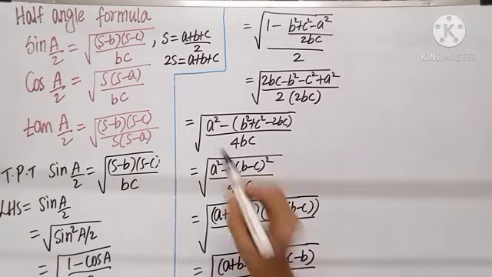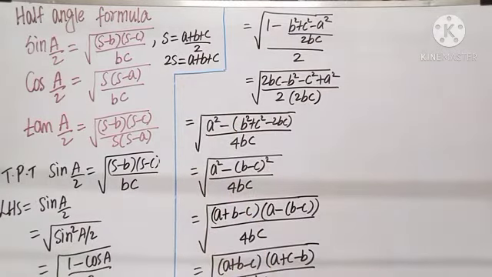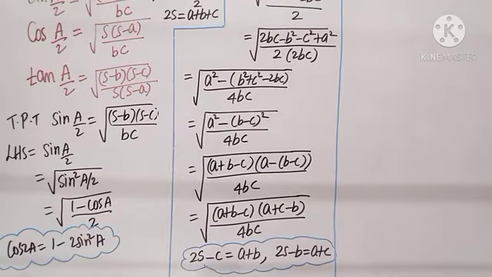Let us remember 2S is A plus B plus C. So 2S minus C will be A plus B, or 2S minus B will be A plus C. Since we know 2S is A plus B plus C, A plus B can be written as 2S minus C and A plus C can be written as 2S minus B.